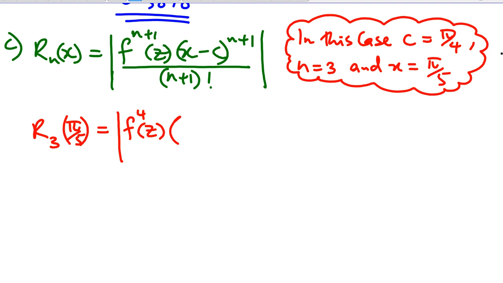x, which is pi over 5 minus pi over 4, to the power n+1, that will be 4, over 4 factorial.